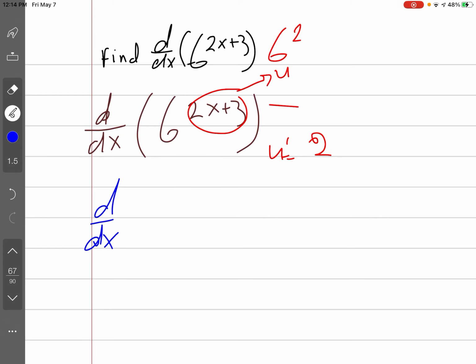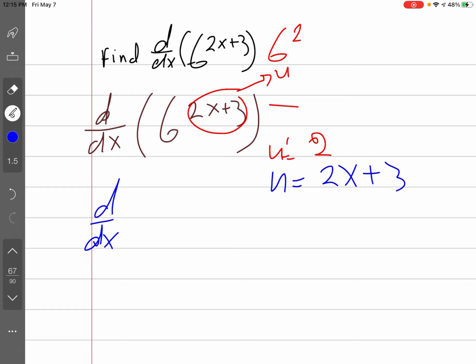First of all, we say d times. Now I have 6 inside, and I also have 6 outside, because we already set this to u, and then outside is 6 to the u power. And I forgot my u equals 2x plus 3. There we go. Now everything is clear.